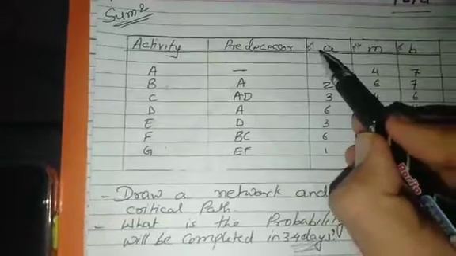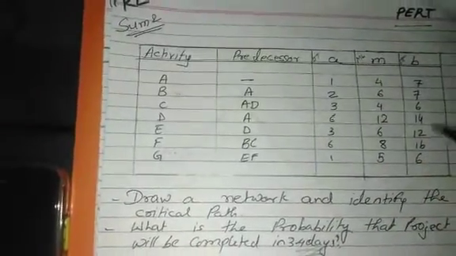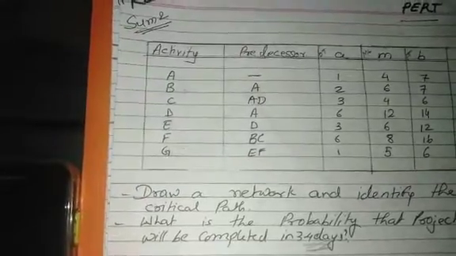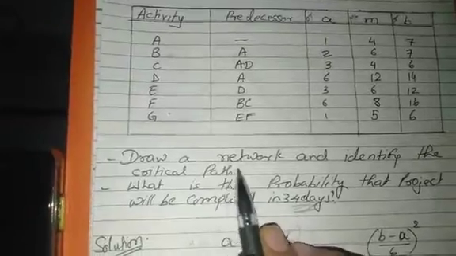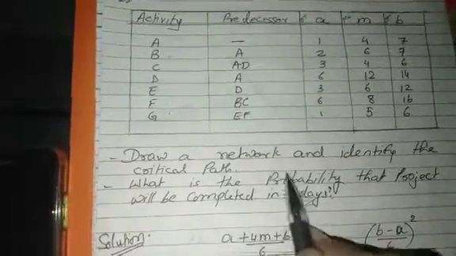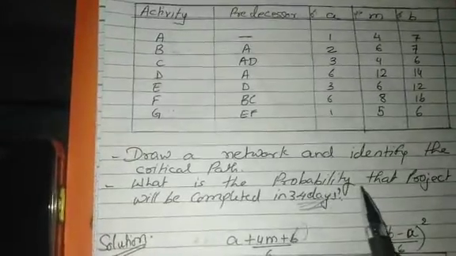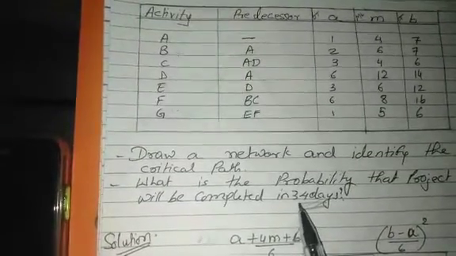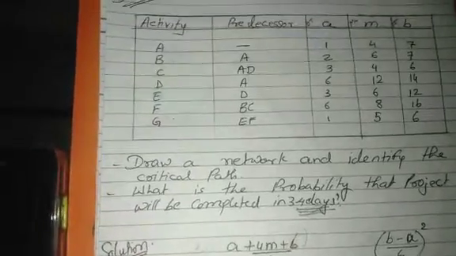Their optimistic time, most likely time, and pessimistic time have been given in front of you. They have also asked that we draw a network and identify the critical path. And after that, we have to find out the probability that our project will be completed within 34 days.